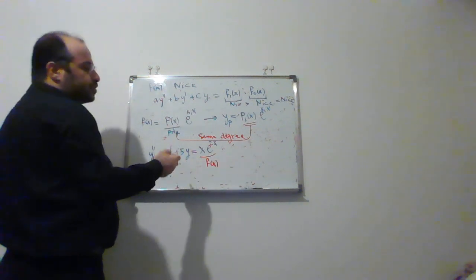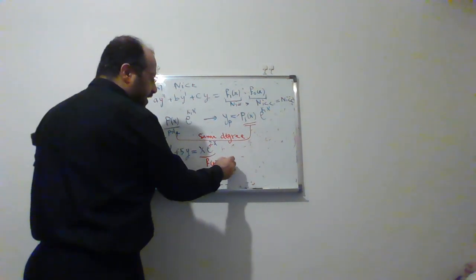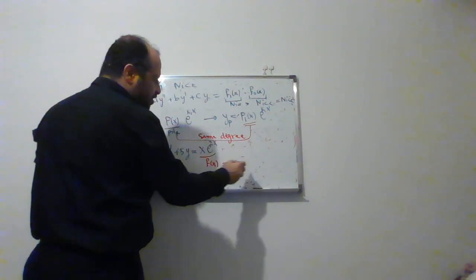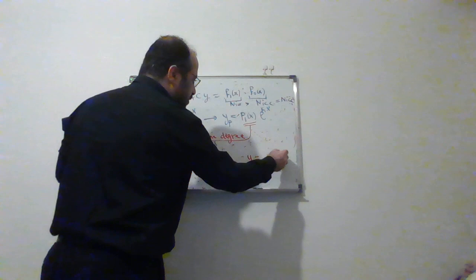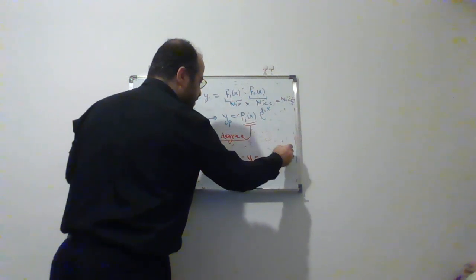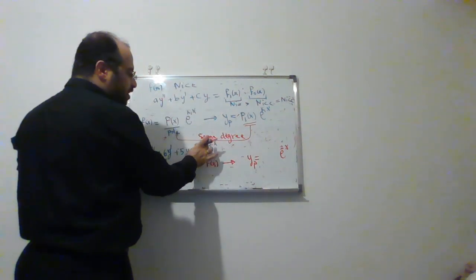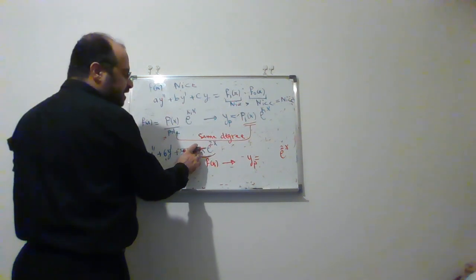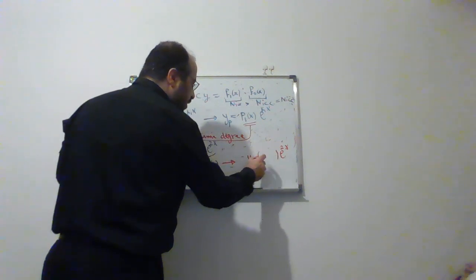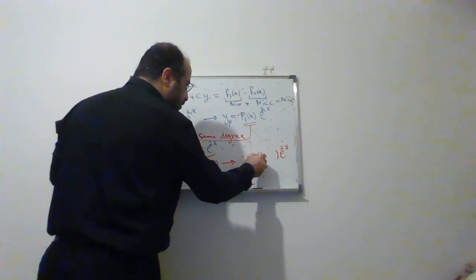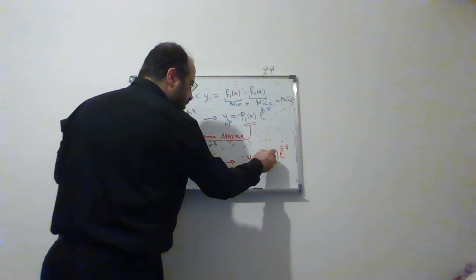How will I choose my y particular? You choose the exponential as it is, so the exponential will be the same, e to the 2x. The only thing that will change is the polynomial. The coefficient of this linear polynomial is 1, but here I will consider power 1 and power 0, so I would consider ax plus b.